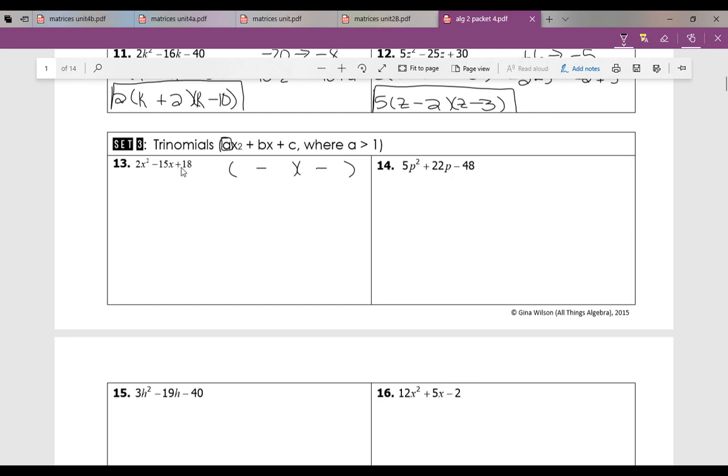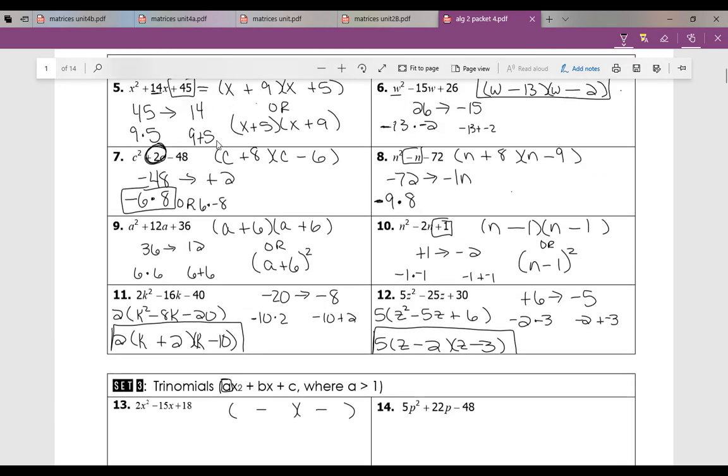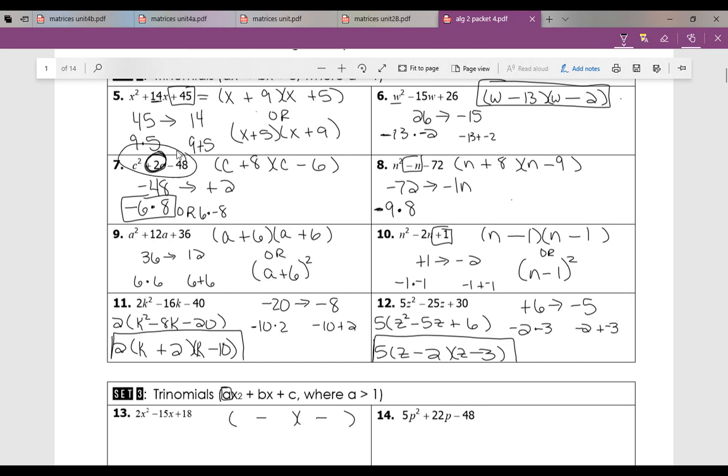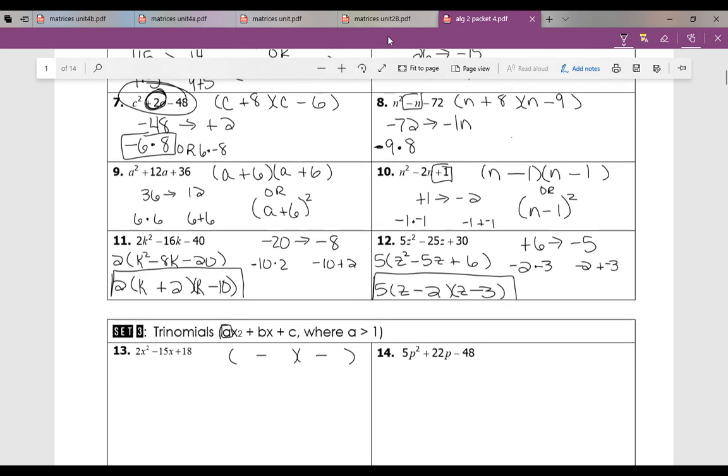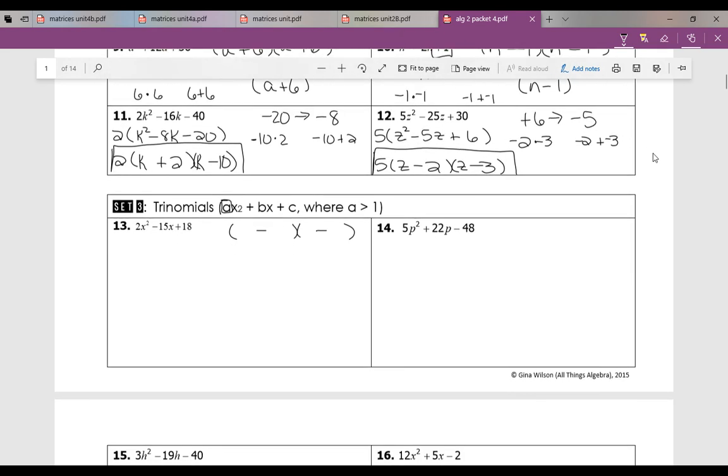Okay, so what we are going to do is create a trinomial that looks like this with a 1. I don't know if this is how your math teachers taught you, but this is how we're going to do it. If you remember how to factor it and you can do it your way and you don't want to do it my way, do it your way. I'm not going to tell you that you have to learn my method for factoring. So if you can factor this, you go right ahead and factor it your way.